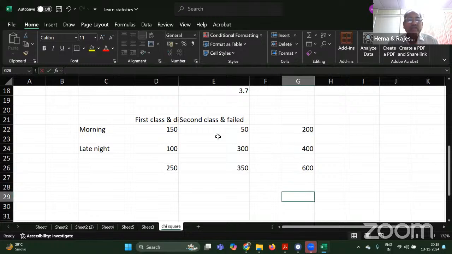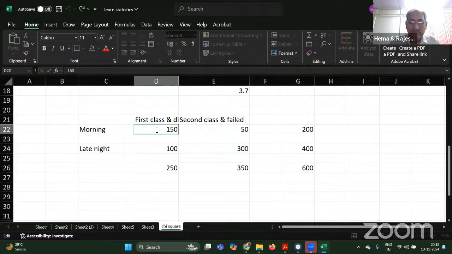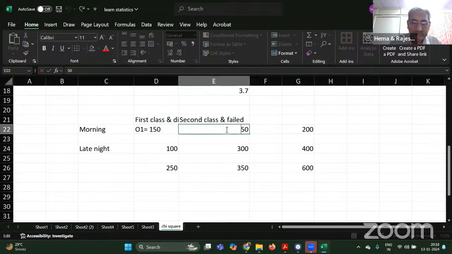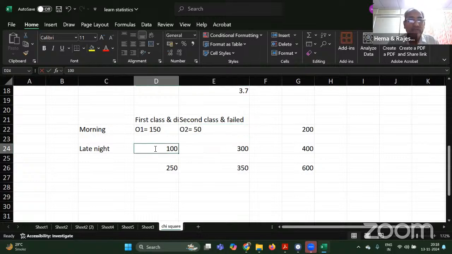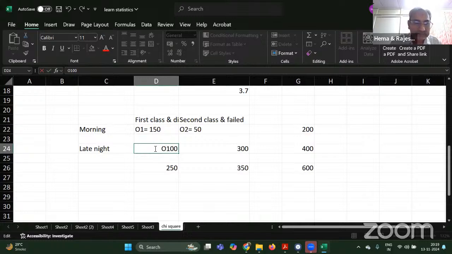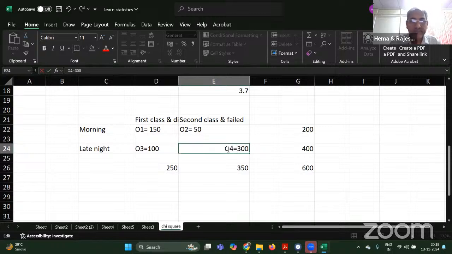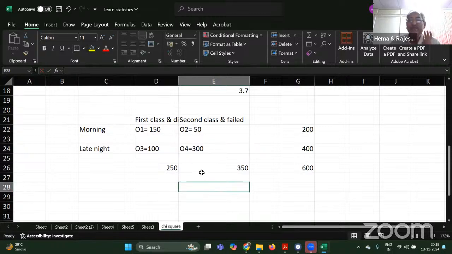Now, this is the observed value, or let's say O1, then O2, then this is O3, and this is O4. These are four observed values.